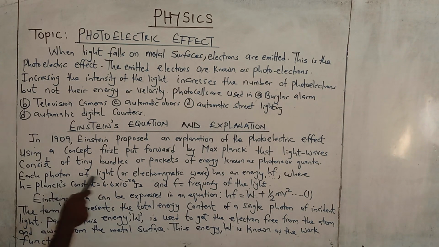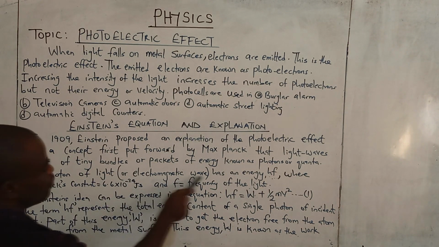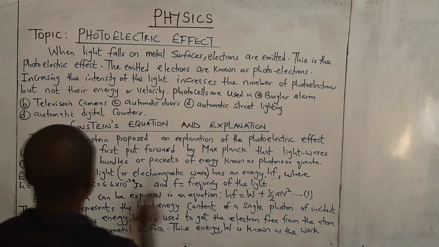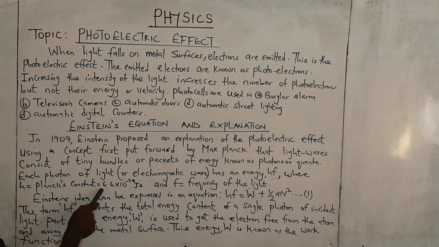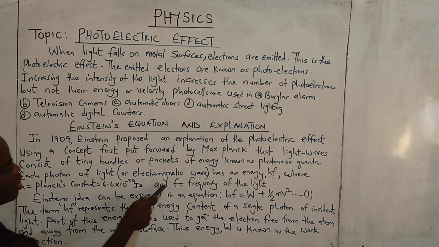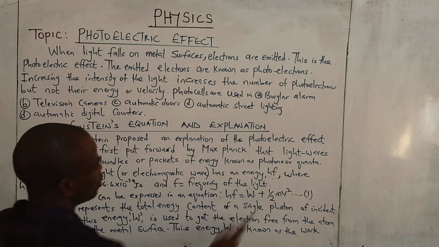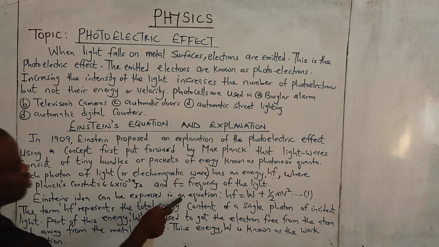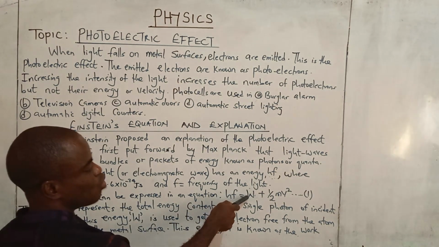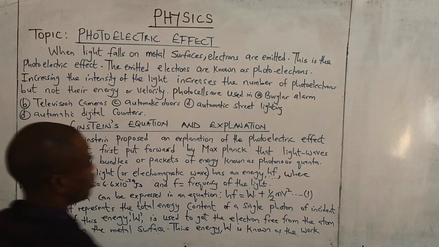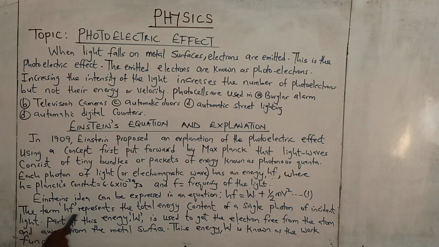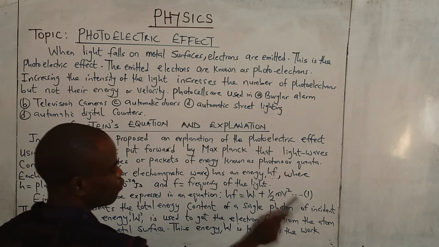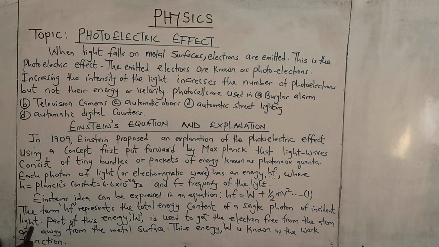Each photon of light or electromagnetic wave has an energy hf, where h is Planck's constant, the value is 6.6 times 10 to the minus 34 joule seconds, and f is the frequency of the light. Einstein's idea can be expressed in the equation hf equals work function plus half mv squared. The term hf represents the total energy content of a single photon of incident light.